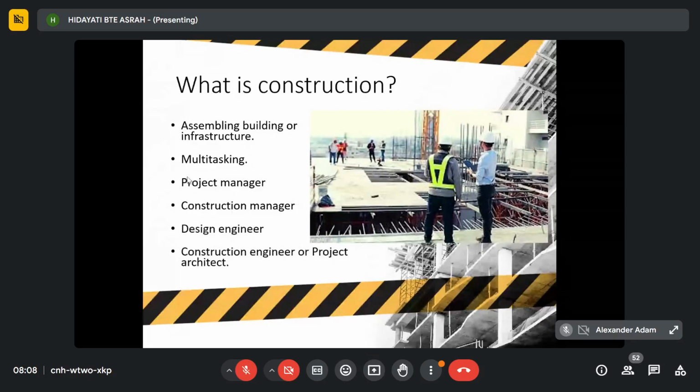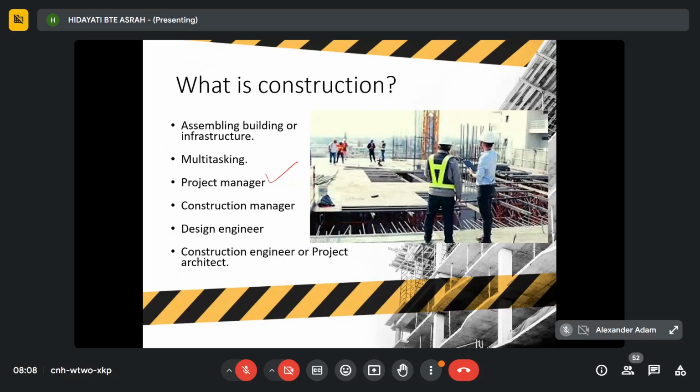At the center of it is the project manager. You see here, the project manager is one of the members in the construction team. The project manager makes sure everything goes smoothly, and they have a team with them which helps the project manager to supervise the project, like construction managers, design engineers, construction engineers and project architects.